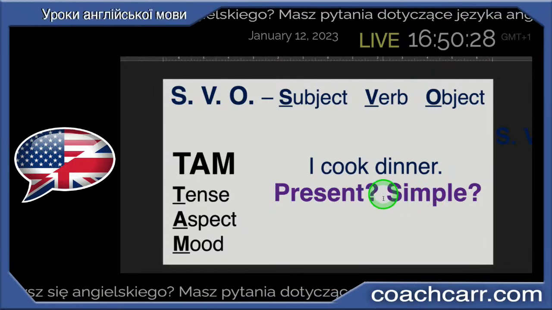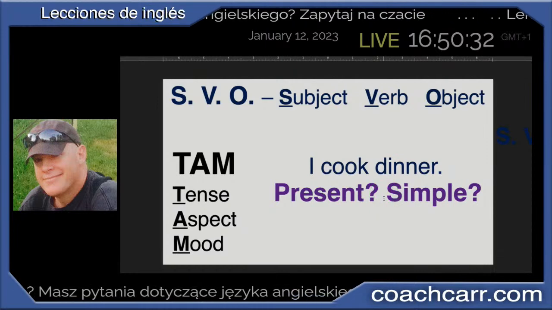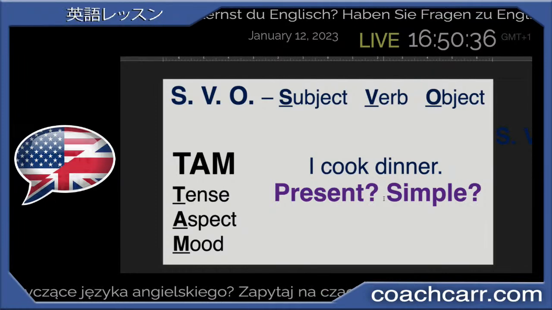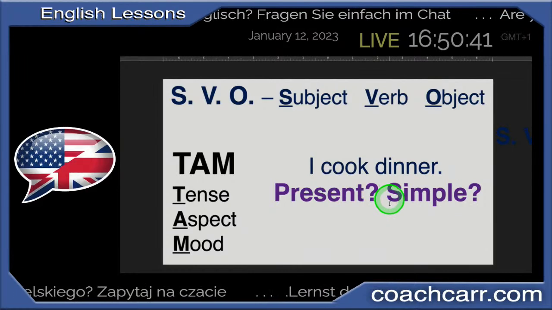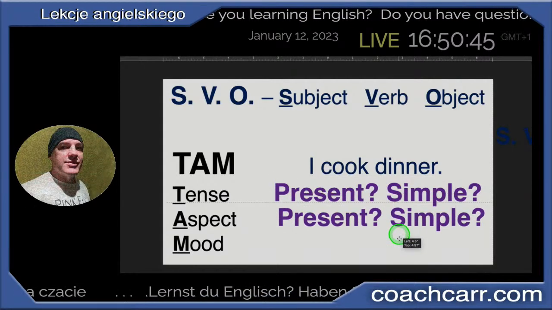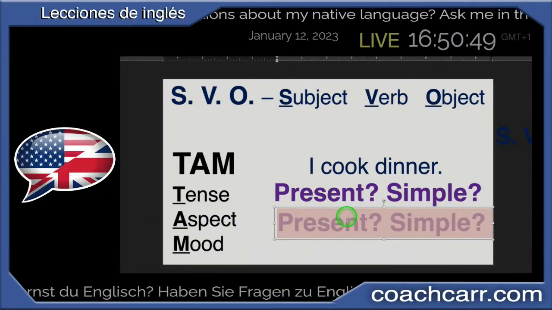But in every class, every lesson, this is called present simple tense. Well, it's not really present. It means like all the time, right? This is really, in a way, kind of more like aspect than tense.